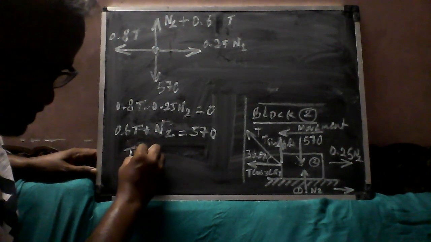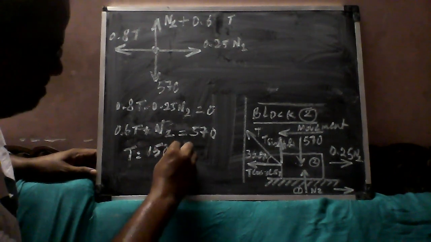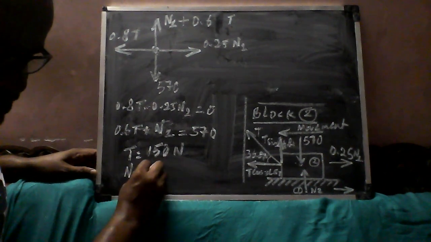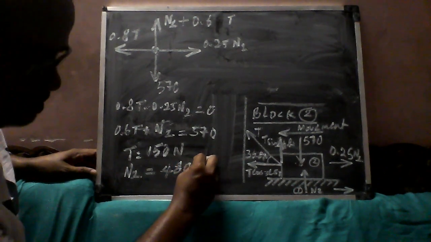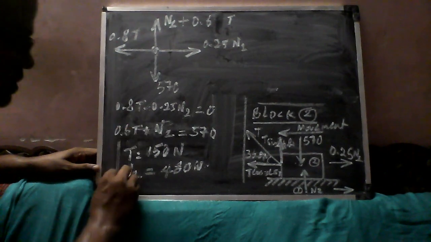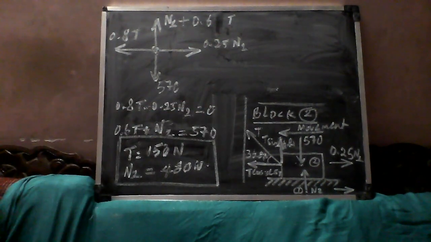T value is 150 Newton. N2 value is 480 Newtons. So these are the two outputs I have got from block 2.